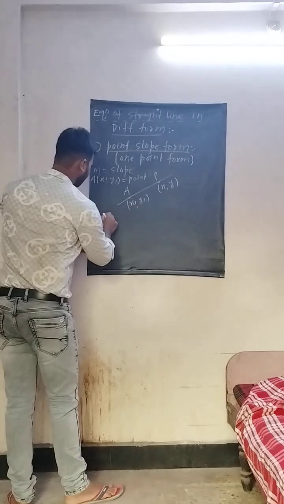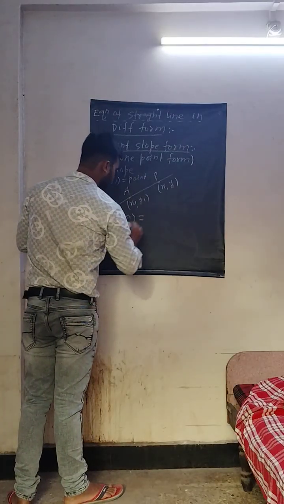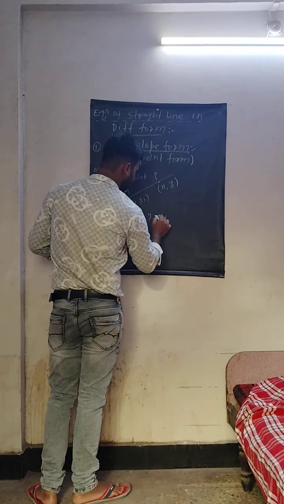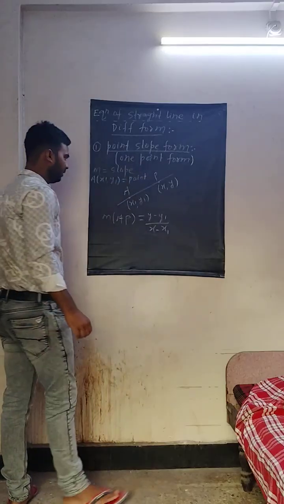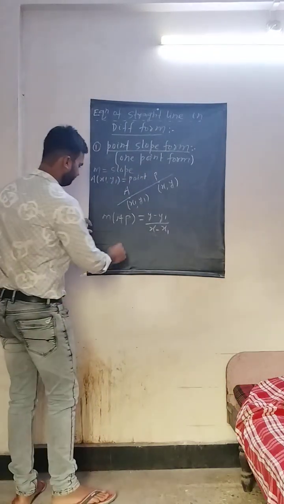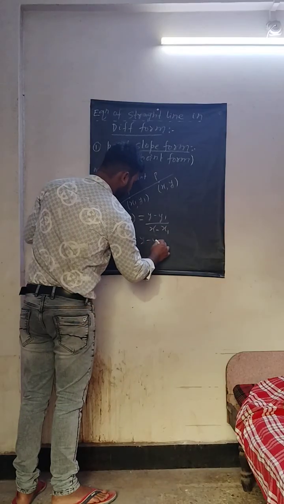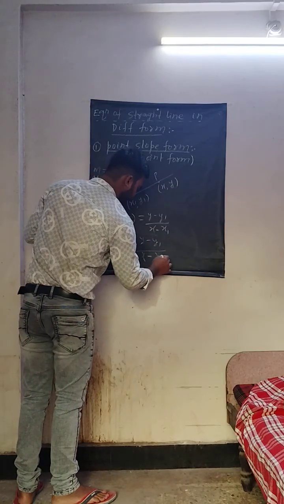First of all, I can find the slope of the line passing through these two points, point A and point B. What is the slope? The slope of AP is equal to (y minus y1) divided by (x minus x1), right? We know that the slope of AP is m, which is equal to (y minus y1) divided by (x minus x1).